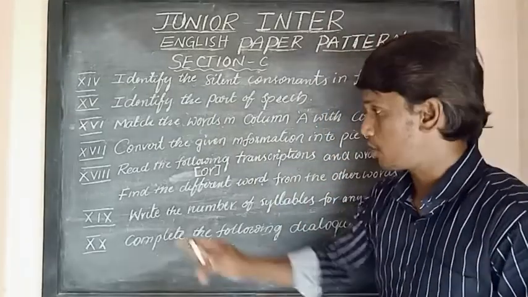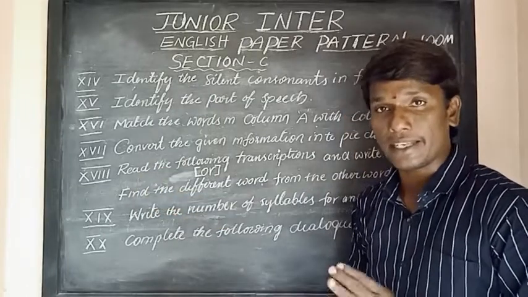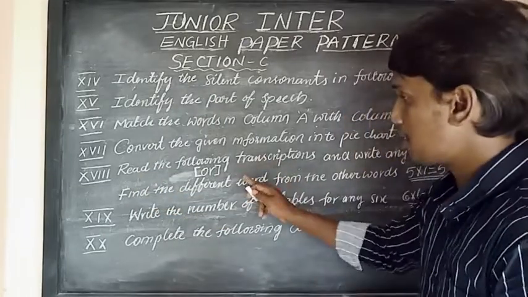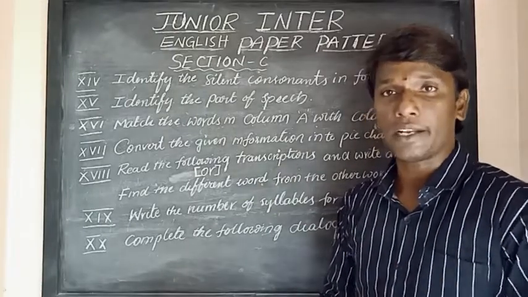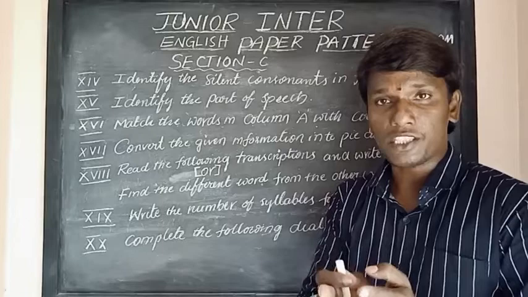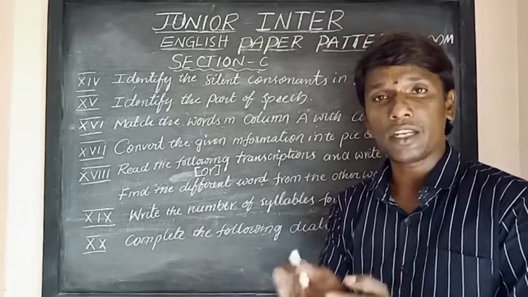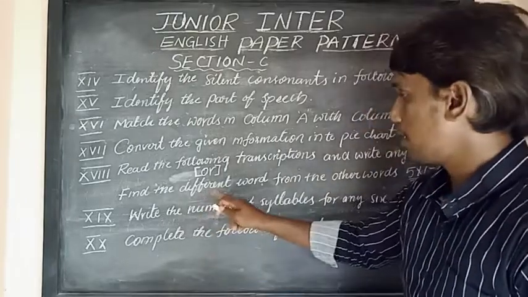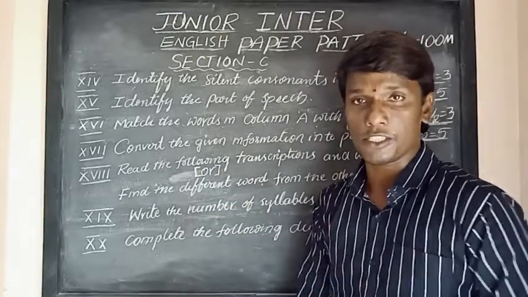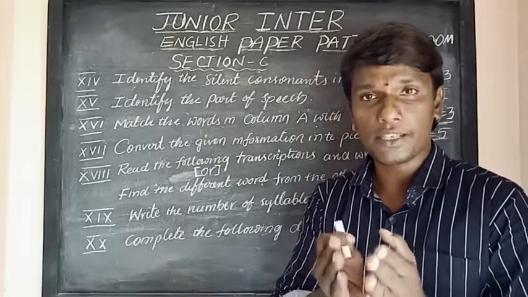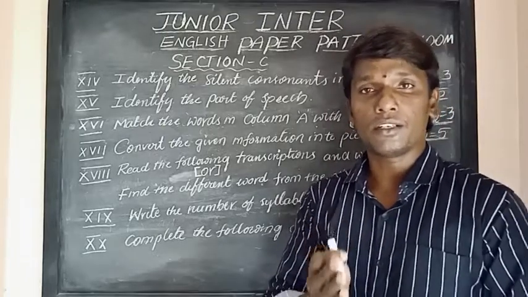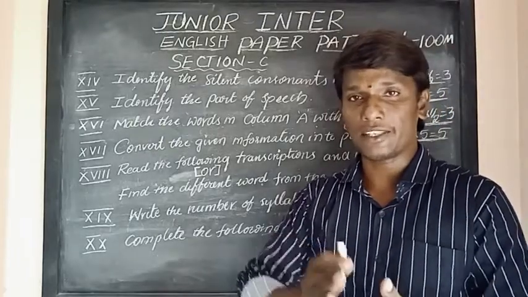There is a choice in Roman number 18. Instead of writing from phonetic transcription, if you are unable to transcribe from phonetics to ordinary English, then go for identifying the odd words. That means, for example, take this, these, that.